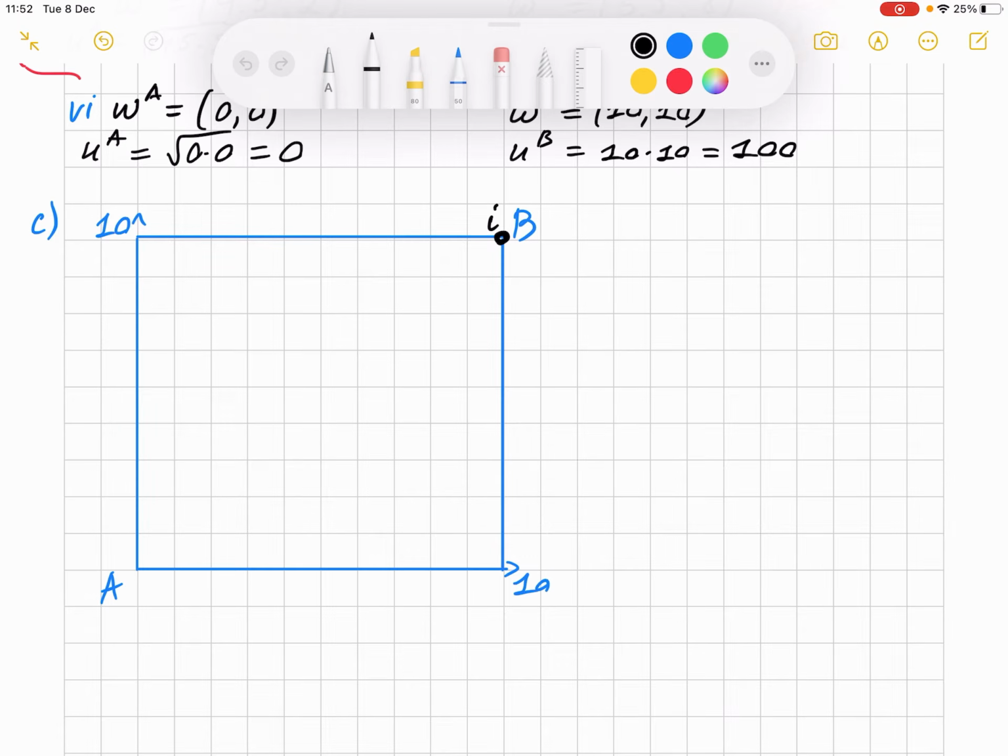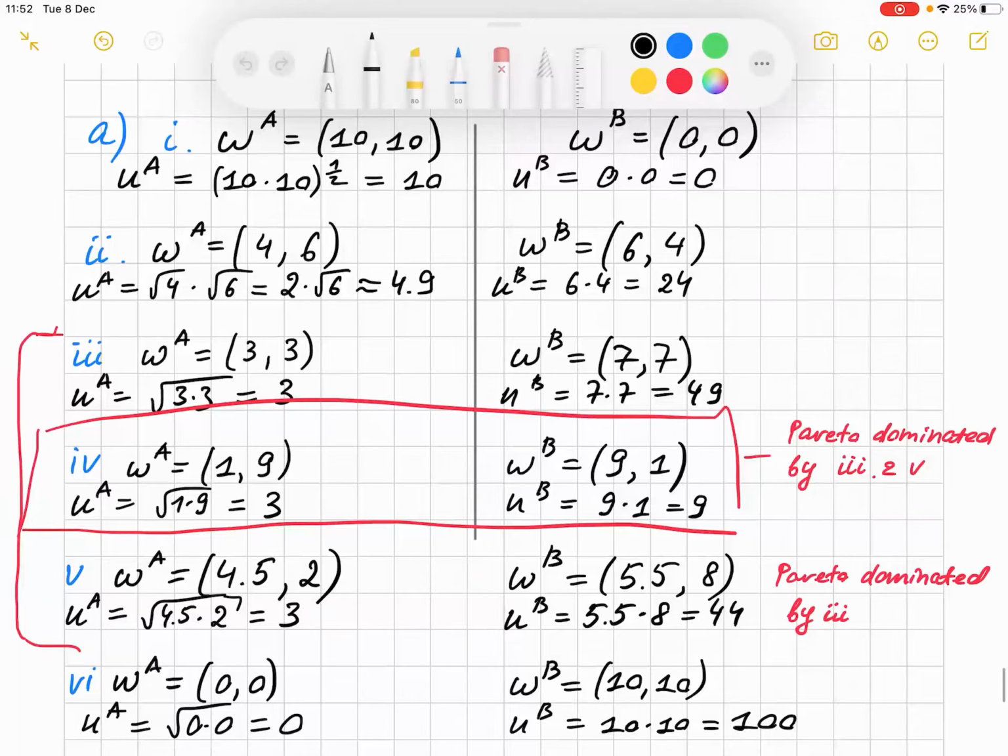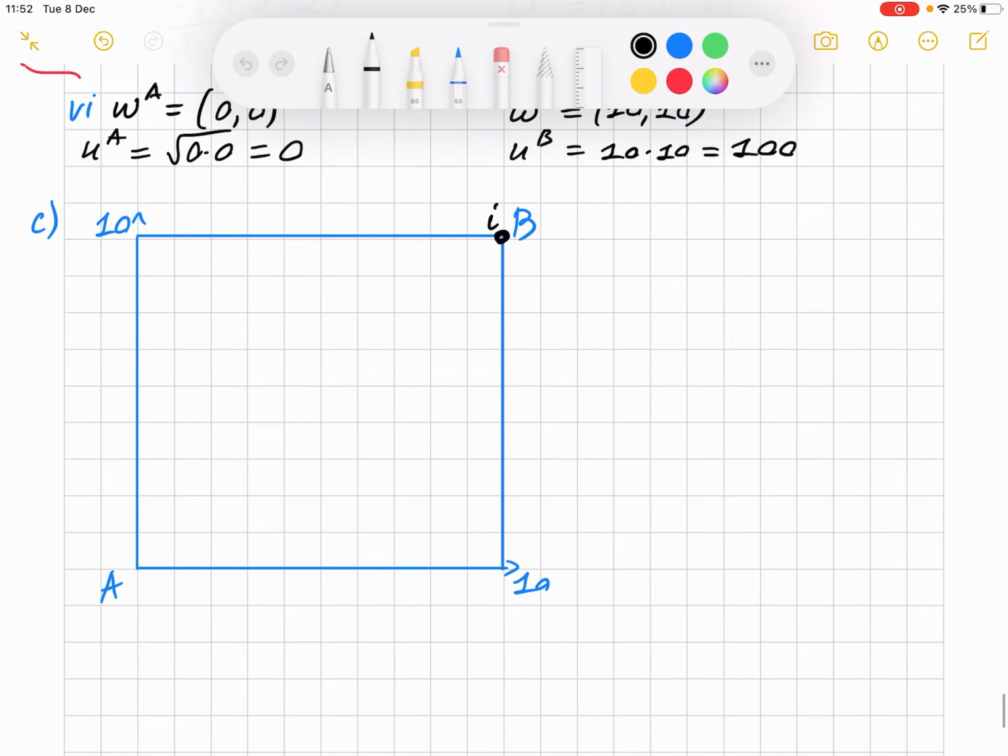Then the second allocation is going to be 4 and 6 of the first agent, so it's 1, 2, 3, 4 and 6.